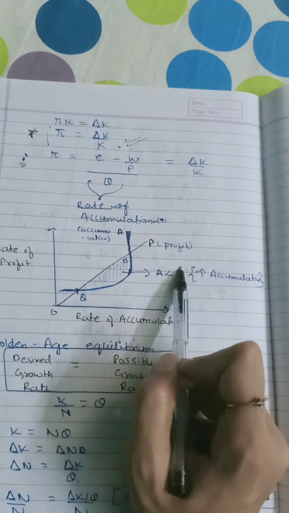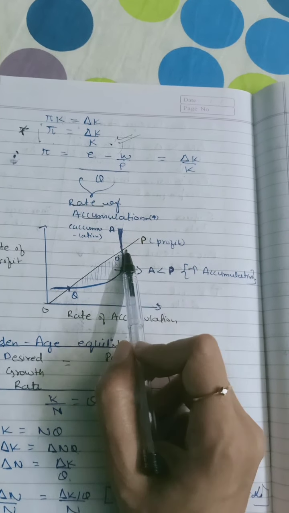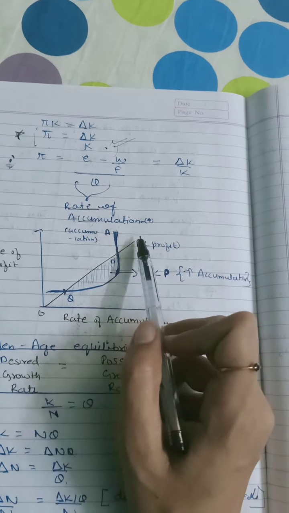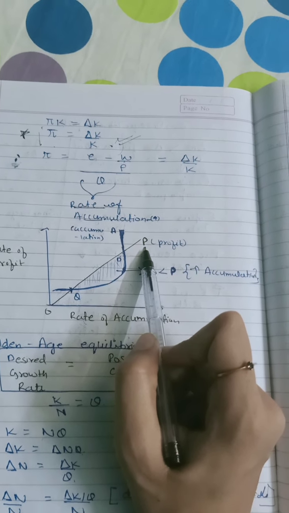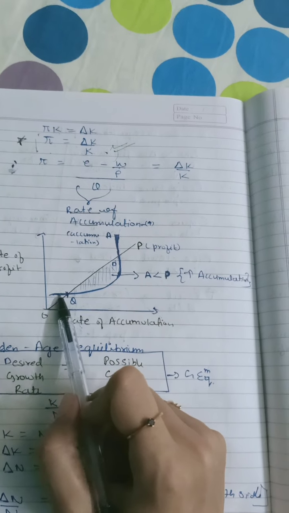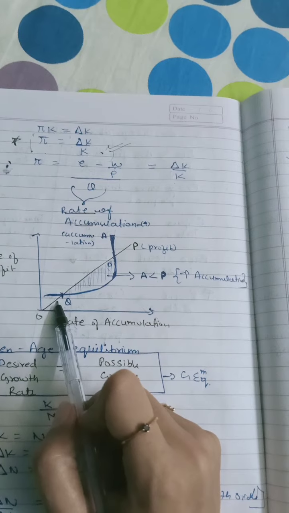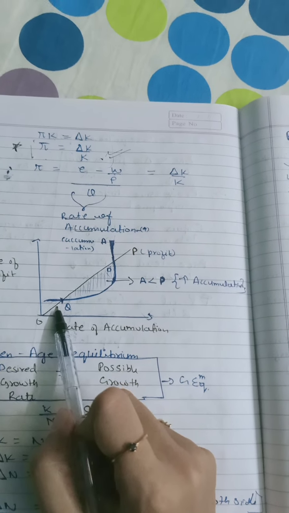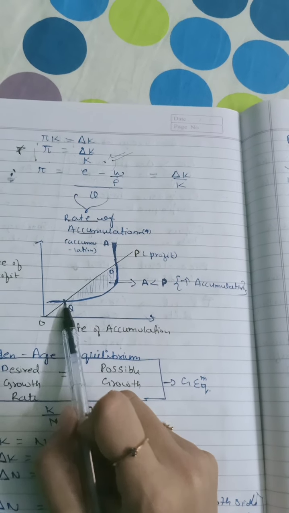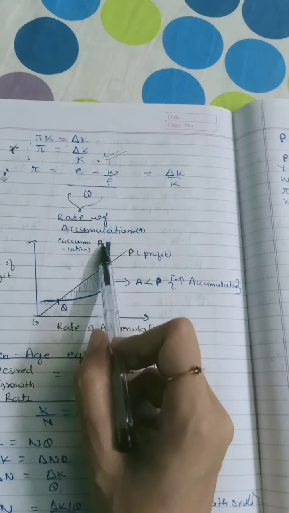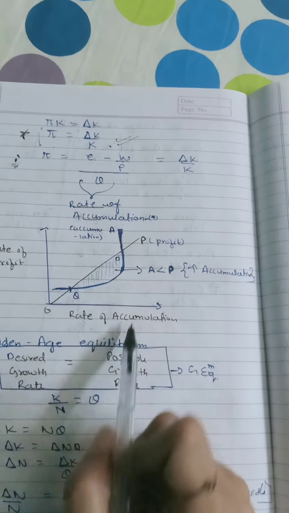Out of this profit you will accumulate more capital, and then you will also have more profit in this case. And this is the part where your accumulation is more than your capital, so you'll decrease it. After that, this is how you'll have the curve of accumulation.